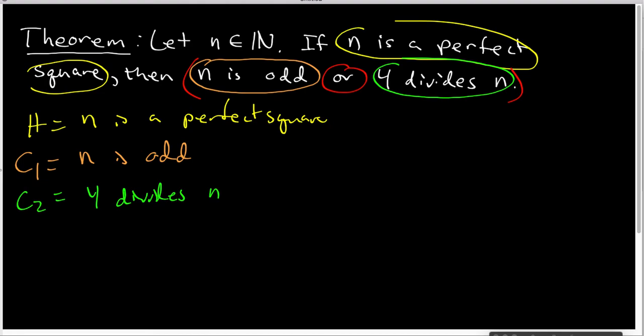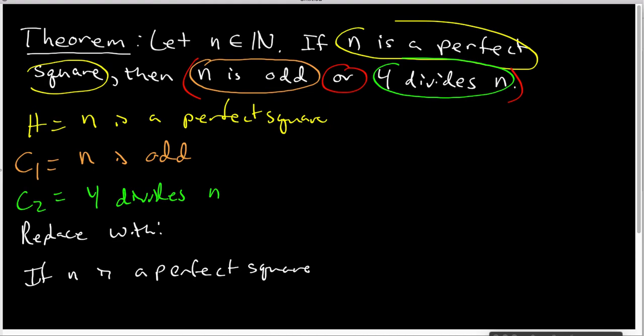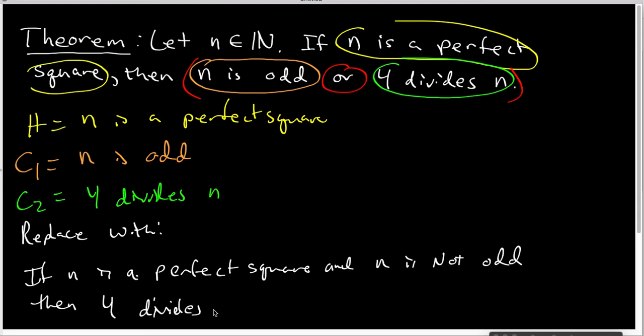And so we're going to replace this statement with choosing to prove, so we replace the original theorem with this statement: if N is a perfect square, and N is not odd, then 4 divides N. And again, just kind of color coding to make sure that you can see where everything is coming from.